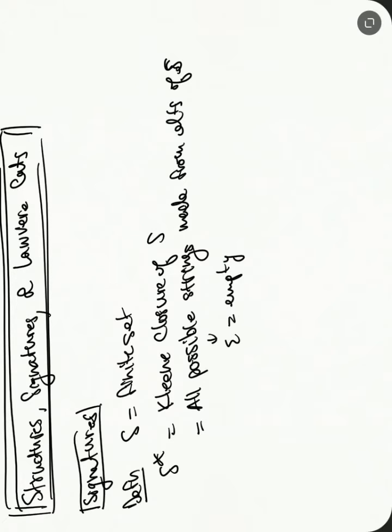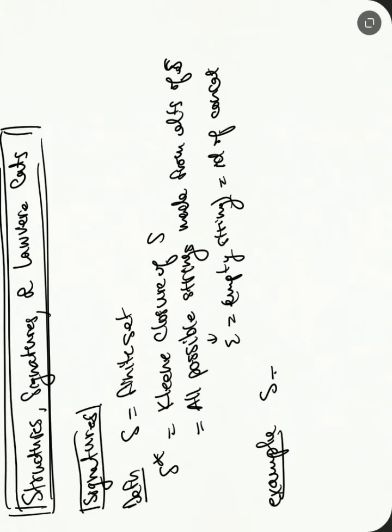So this is the identity of concatenation. You take strings and you can concatenate them together. So let's give an example.